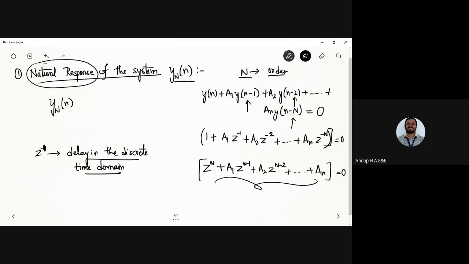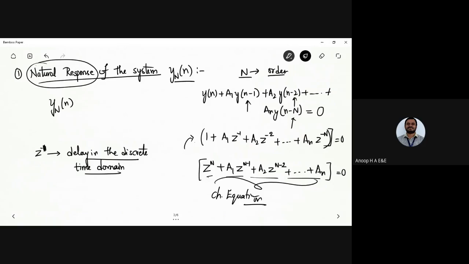This entire term forms the characteristic equation in z power N. Slightly altered, I can use this equation to find the roots of the characteristic equation. The earlier one is also called the characteristic equation.